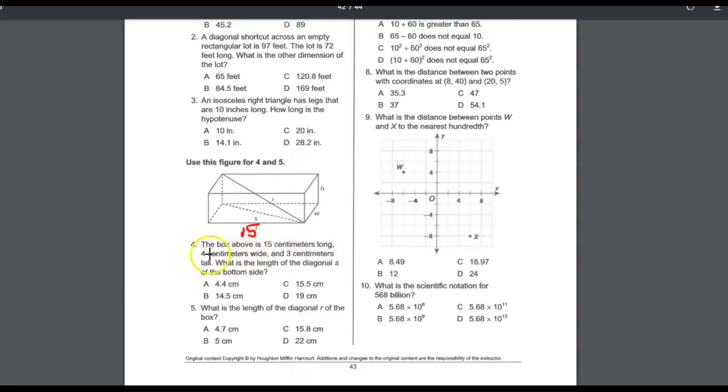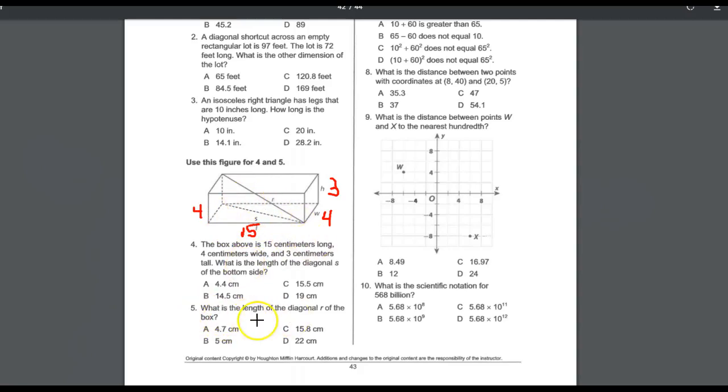And it's 4 centimeters wide, and the height is 3. Okay, so on this particular one, if this side's 4, this is 4. So now we can find S. 4 squared plus 15 squared would give us S.